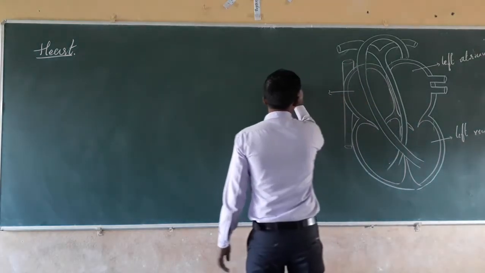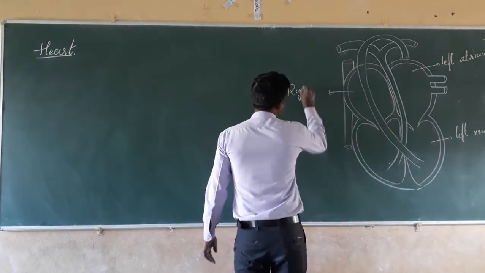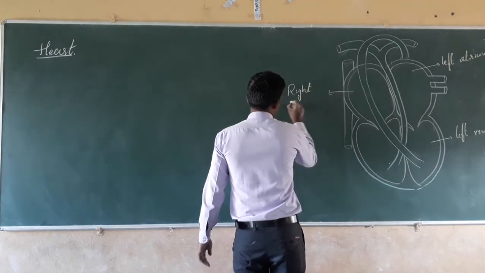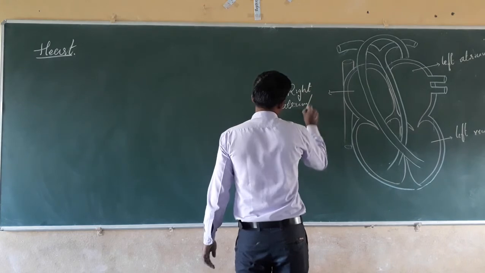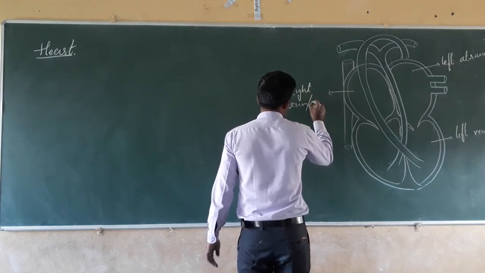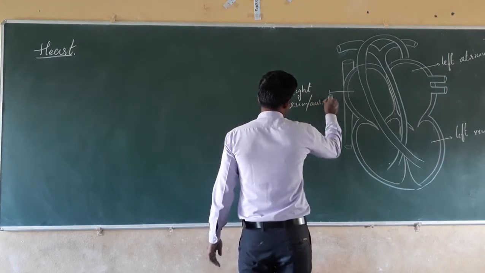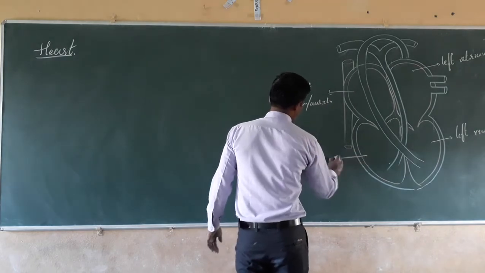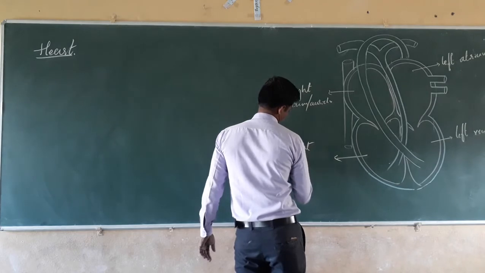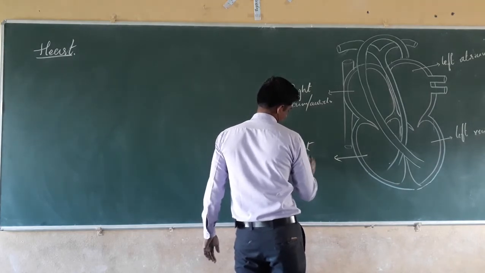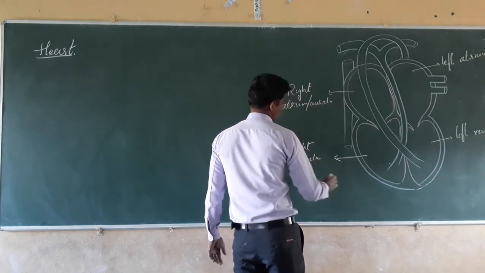This one is the right atrium or auricle also we can say. Then this one is the right ventricle.